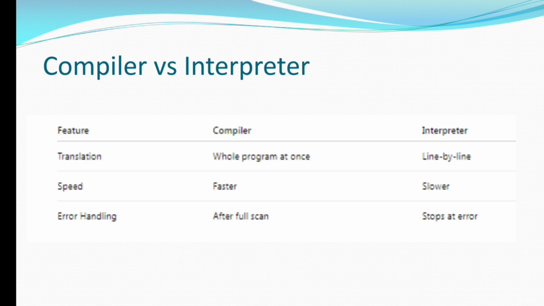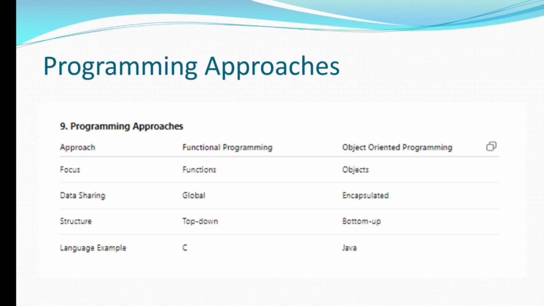The compiler is a little slow, because it takes much time to find the errors: after clearing the first line, we need to check again at the 50th line and then at the 100th line. I hope you got the difference between compiler and interpreter. Okay, so programming approaches: functional programming and object-oriented programming.